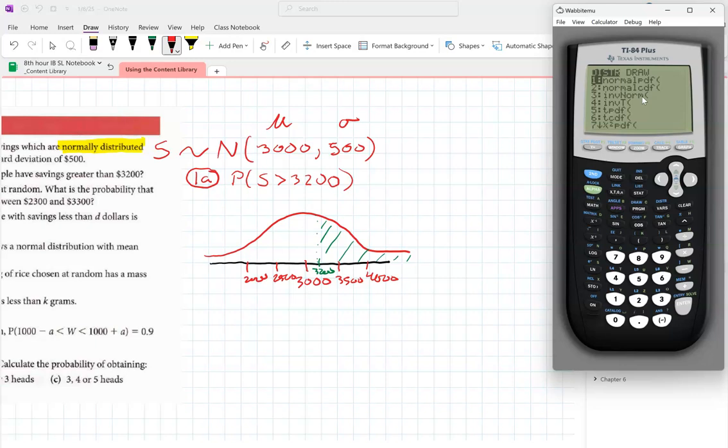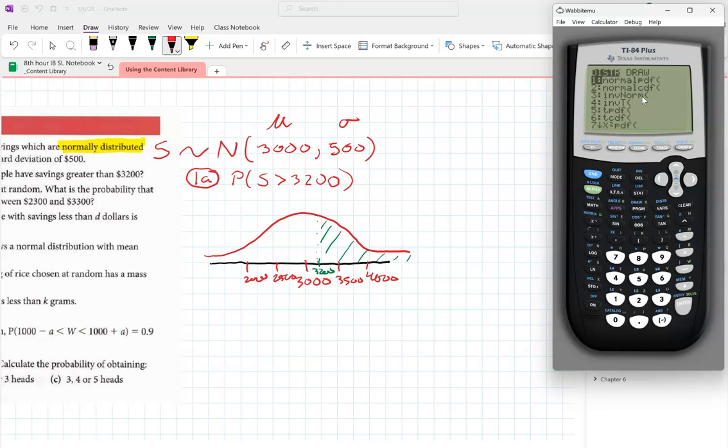Because our probability statement has an inequality in there, is that looking for S taking on a single value or many values? Many values, right? Could be 3,201, 3,202, 3,203, lots and lots of them. That is cumulative because there's lots of values that I would want.